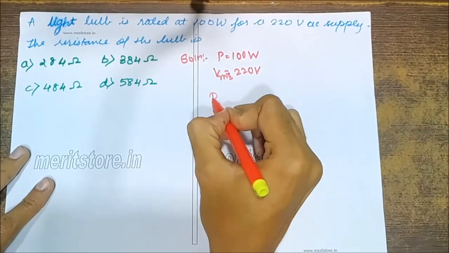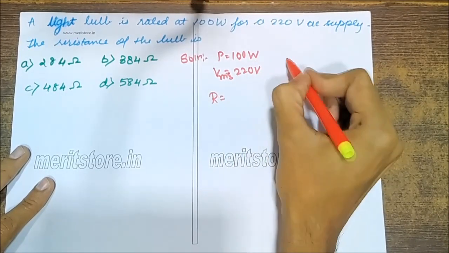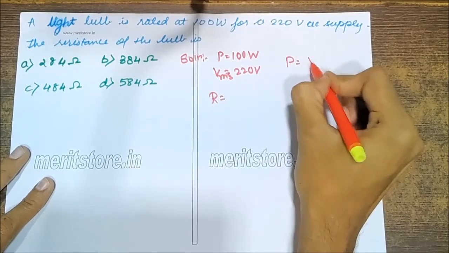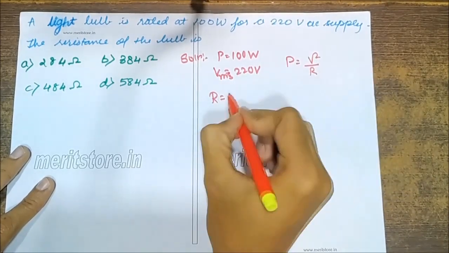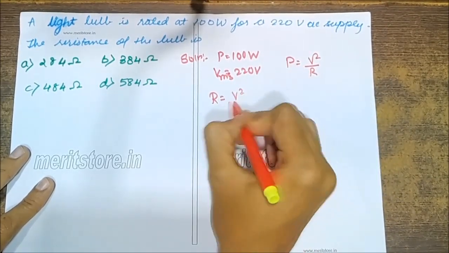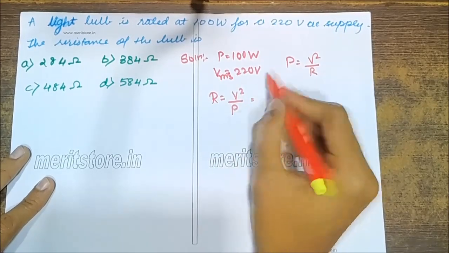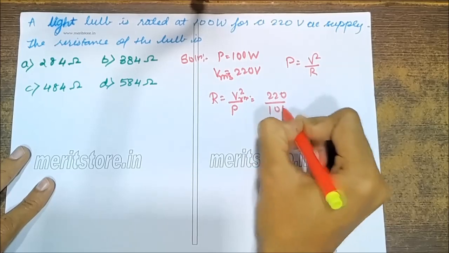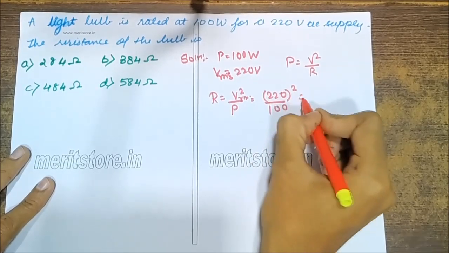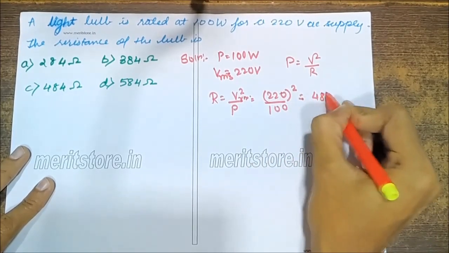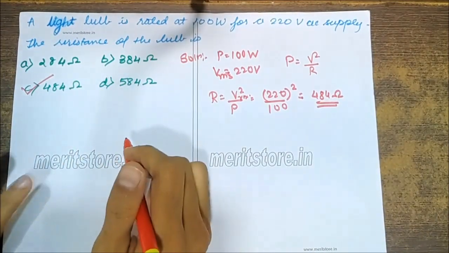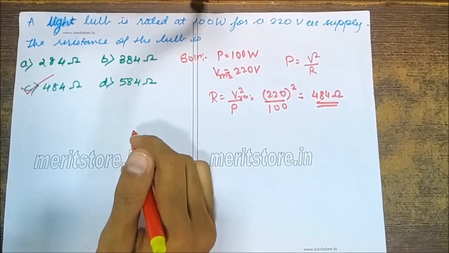The power is related to the resistance as P equals V square upon R, so R equals V square upon P. V square is VRMS, that is 220 squared, upon the power, that is 100. That gives a value of 484 ohms of resistance for the bulb.